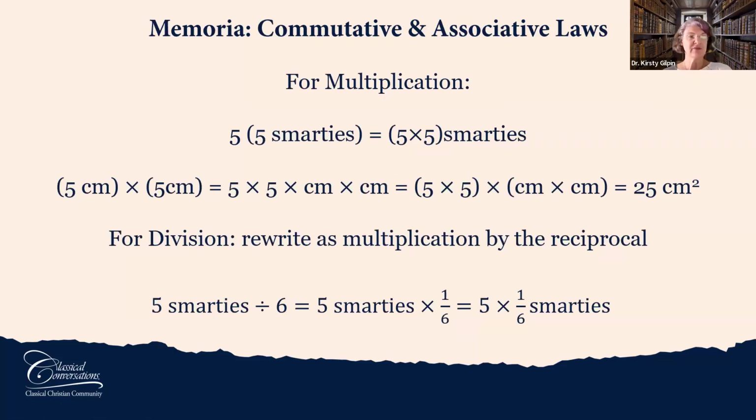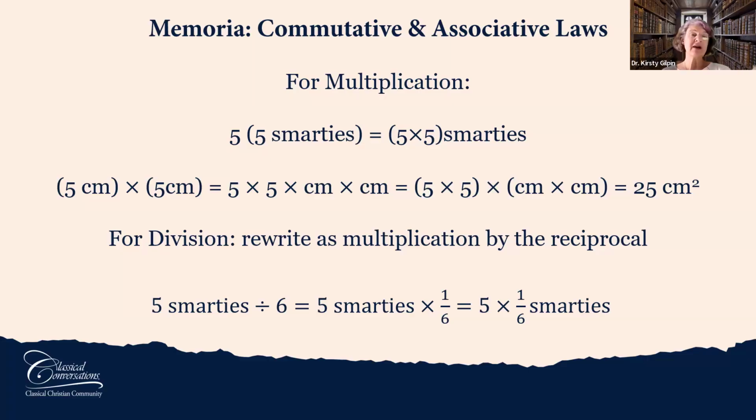Let's review. We've reviewed this several times: for multiplication, we can use our commutative and associative laws. When I say move, we are rearranging and regrouping. If I have 5 times 5 Smarties, the associative law is what lets me say that's 5 times 5 and multiply that first, so that's 25 Smarties.